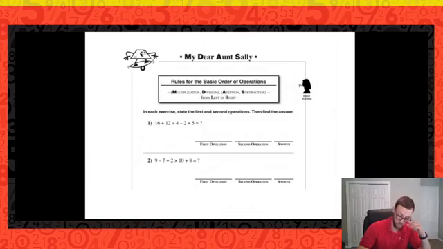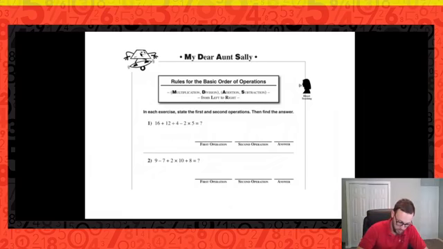All right, so for the next two exercises, the first thing I want to do is identify the first and the second operation that we're going to be working with. So I've got 16 plus 12 divided by 4 minus 2 times 5. So my first operation is going to be this multiplication or division, and I know that I'm working from left to right.